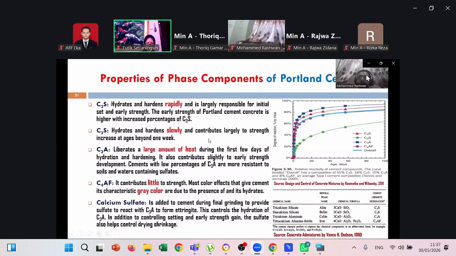And this figure shows the reactivity of the different phases. As we see, the highest reactivity is for tricalcium aluminate, and the lowest is for dicalcium silicate.